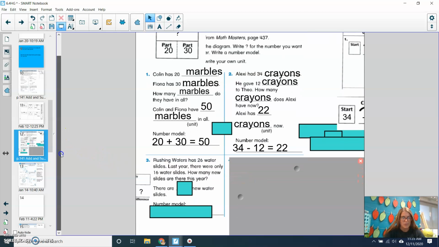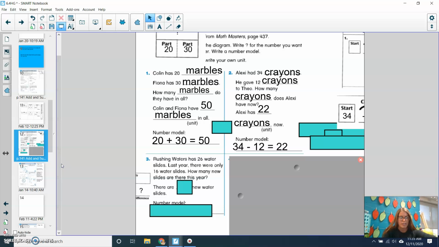Let's look at our next one. For question number 3, Rushing Waters has 26 water slides. Last year there were only 16 water slides. How many new slides are there? So for this one, I have 26 as my top quantity, 16 as my smaller one, and I'm solving for my difference. So I have 26 minus 16 equals 10.